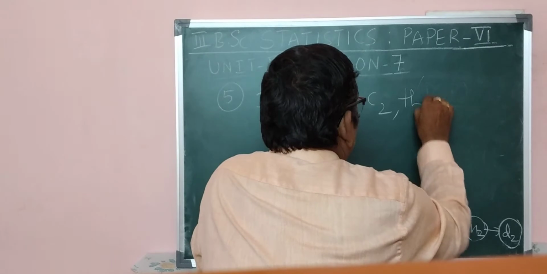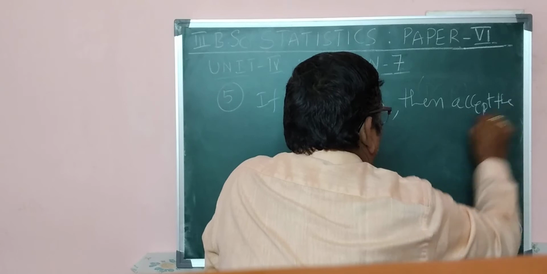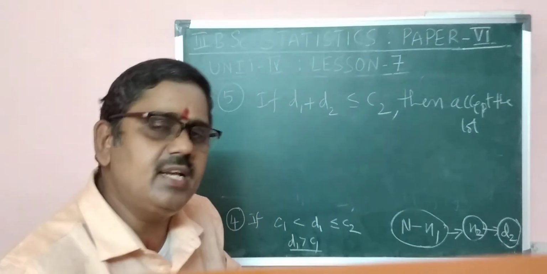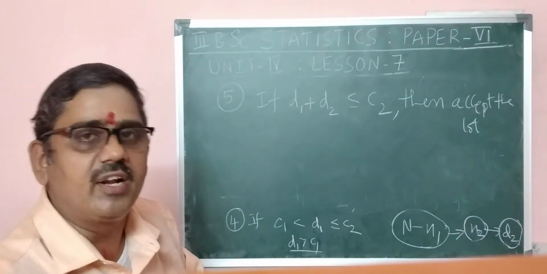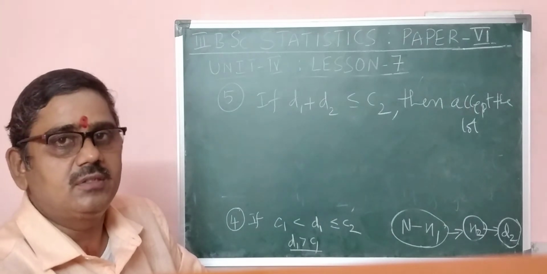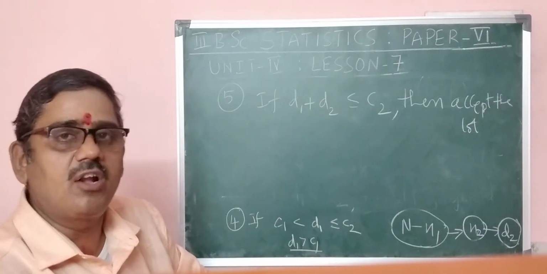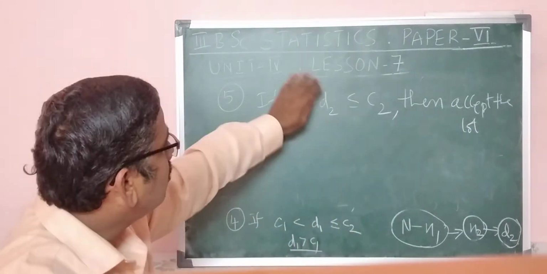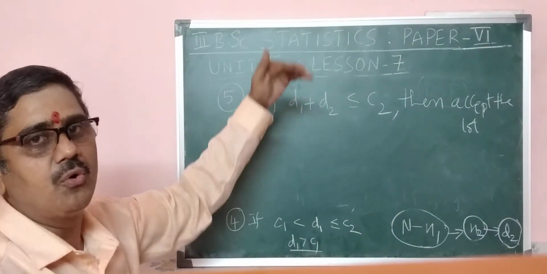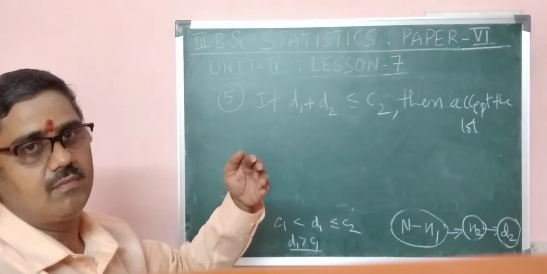Accept the lot. And here as well, you replace the defectives found by non-defectives, that is good ones. You need not go for D1 separately because it is the same thing we do in the procedure of steps 1, 2, 3.